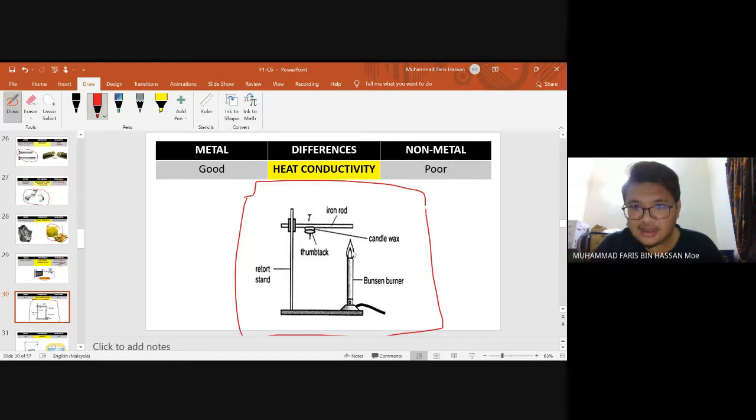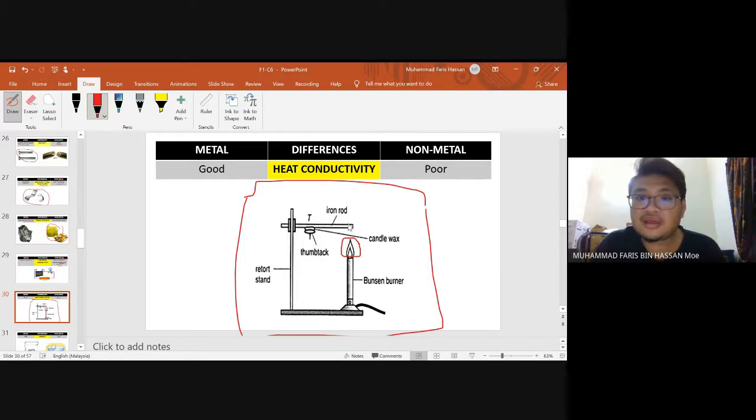This flame also contains heat, so it can heat the iron rod.